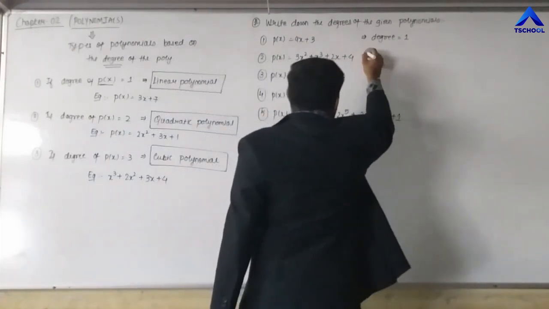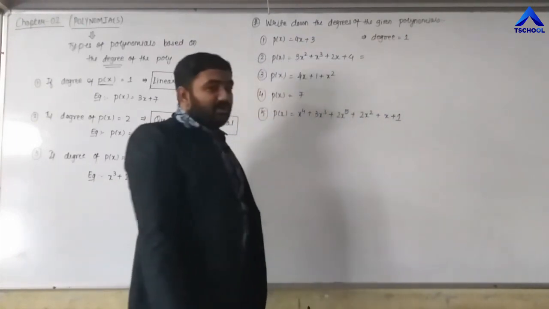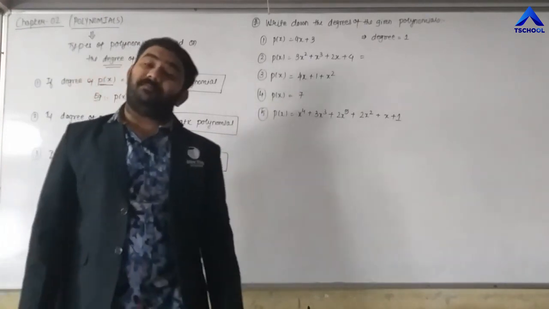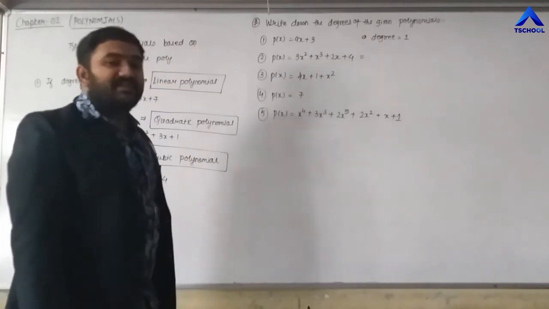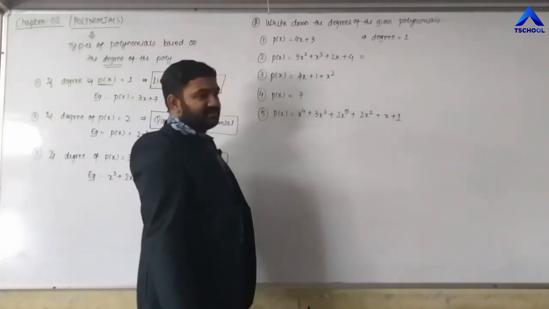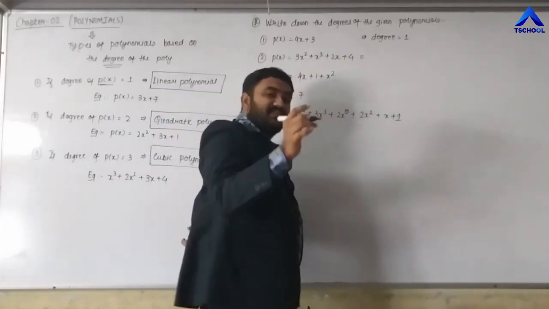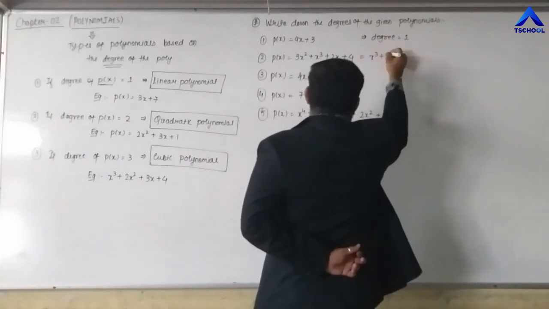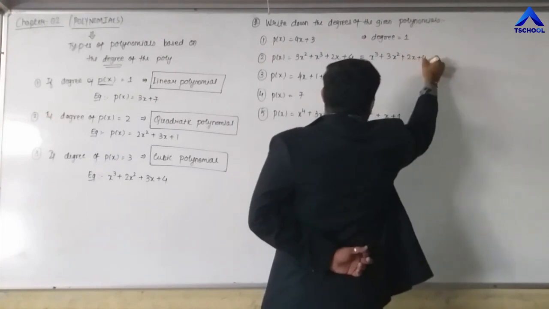Second one, if you notice that the terms here are not arranged according to the powers in descending order. So what we are going to do is, first of all we shall arrange these terms according to the powers in descending order, I shall get x cube plus 3x square plus 2x plus 4.